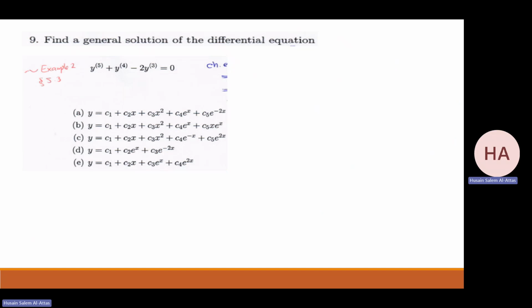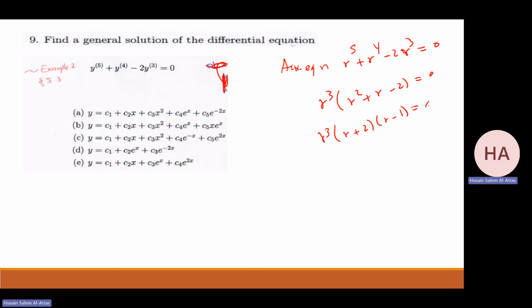Find the general solution of this differential equation. I need to find the auxiliary equation. The equation is r to the power 5 plus r to the power 4 minus 2r cubed equals 0. You can take r cubed as a common factor. I have r cubed times r squared plus r minus 2, which is r cubed times r plus 2 times r minus 1 equals 0.